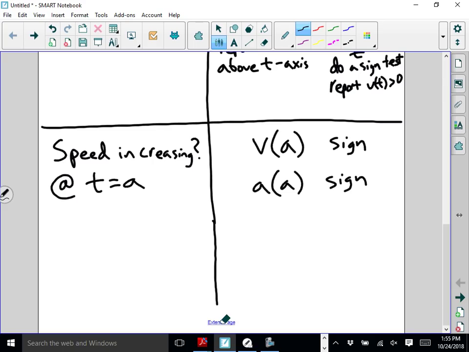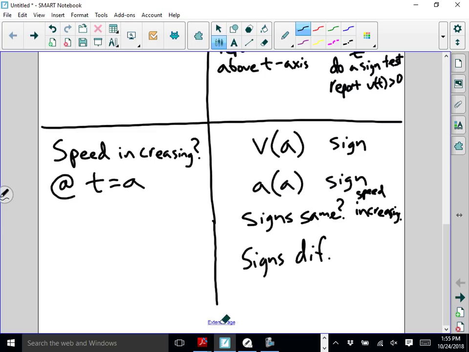I don't really care about the number, I care about the sign. Sign same, speed is increasing. Sign's different, speed is decreasing.